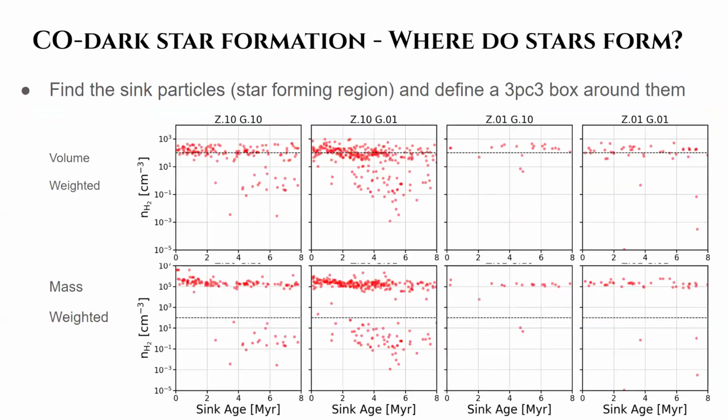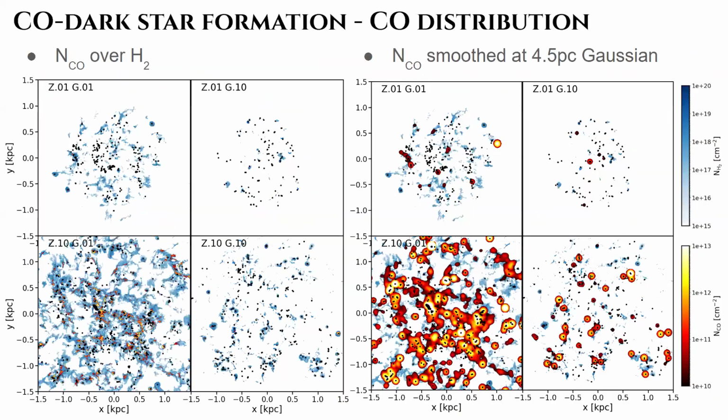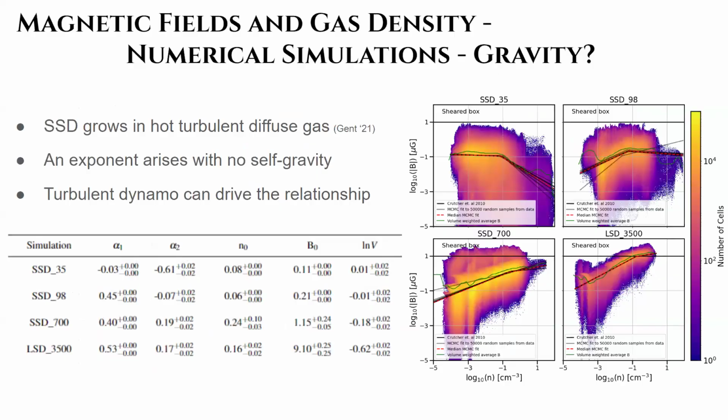There was one simulation where you didn't include self-gravity, but you still see the braking part. Does that imply that the braking part that Crutcher saw doesn't necessarily mean it's due to gravity?